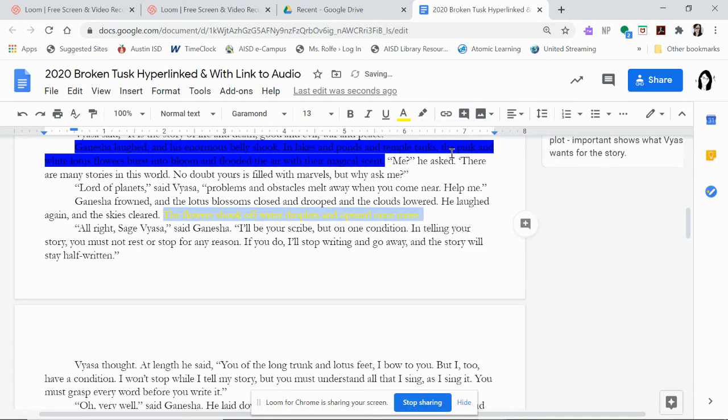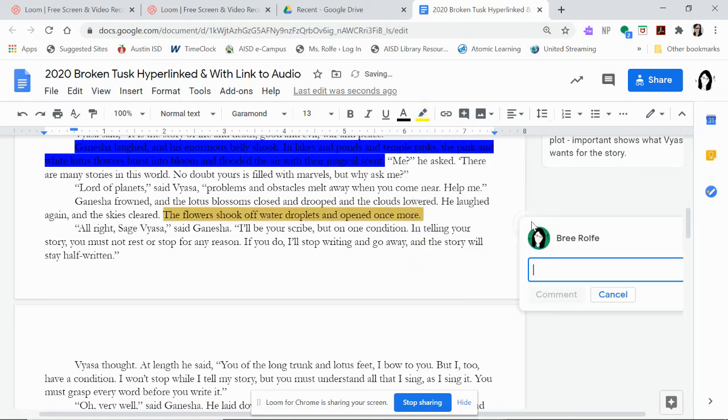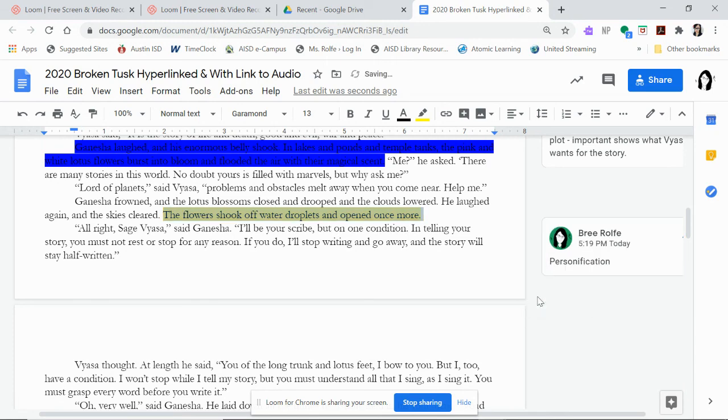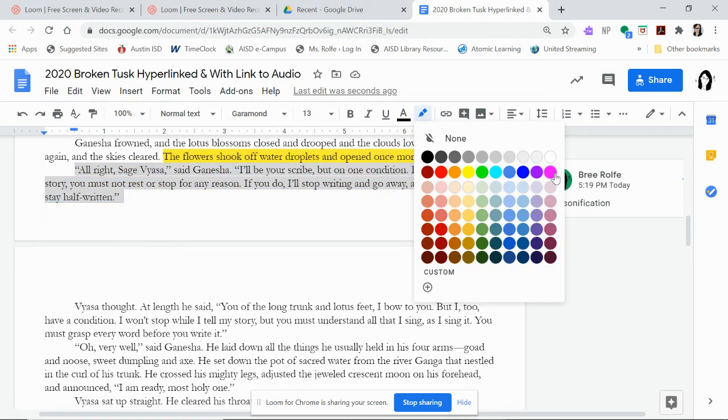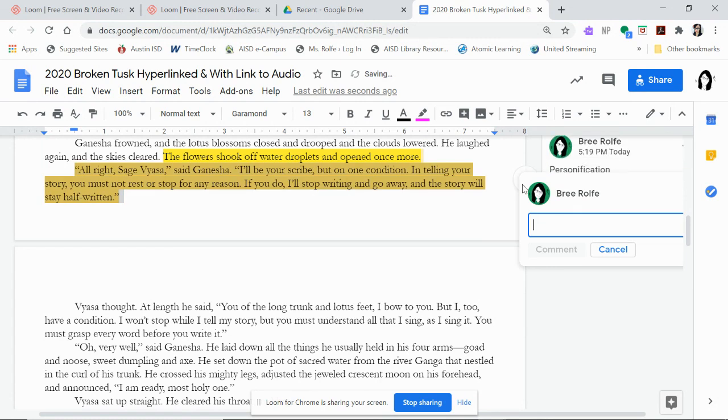That's a personification. Oops. Maybe by the end of this, I'll learn not to click that thing. Okay. All right. This next paragraph is an important detail because this establishes the bargain.